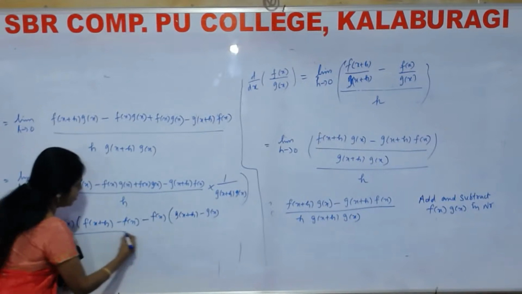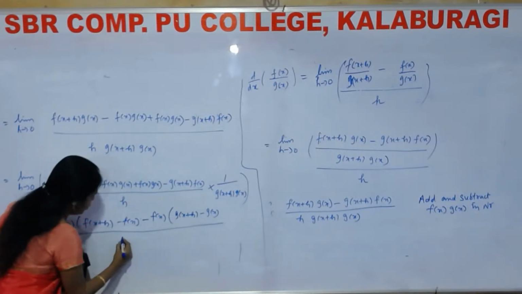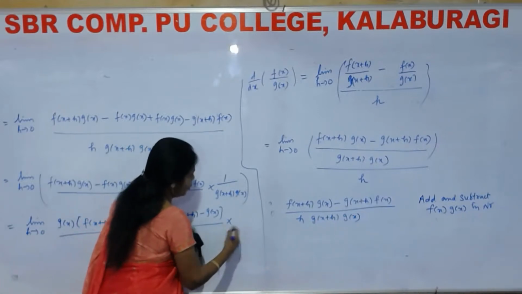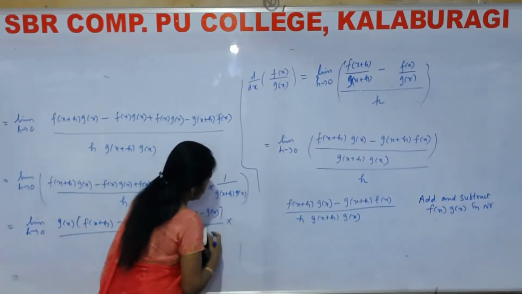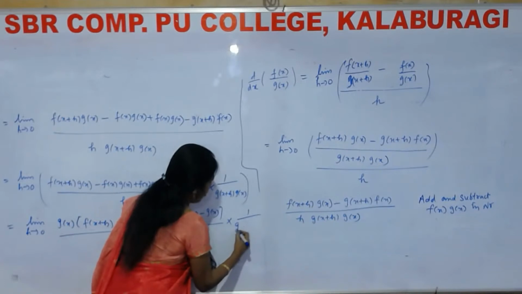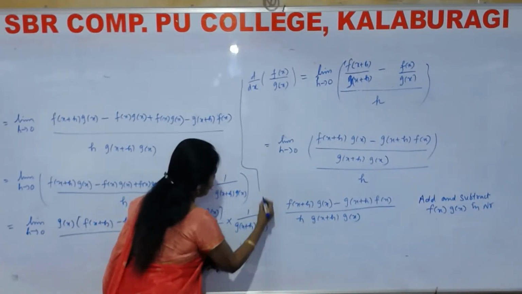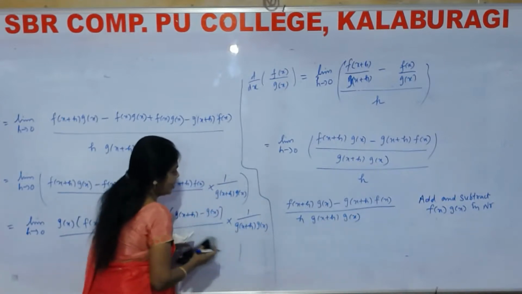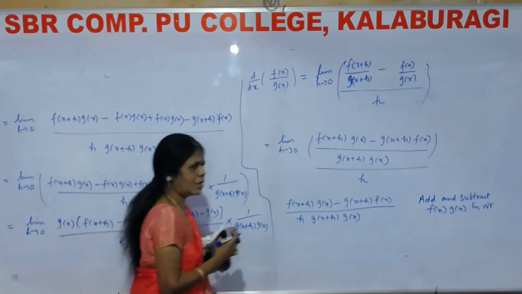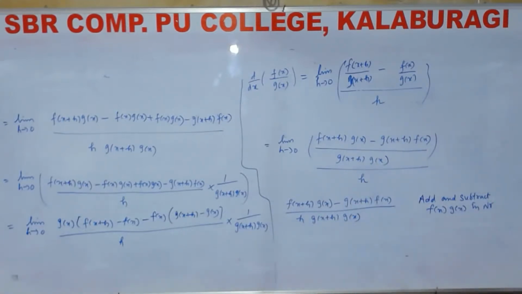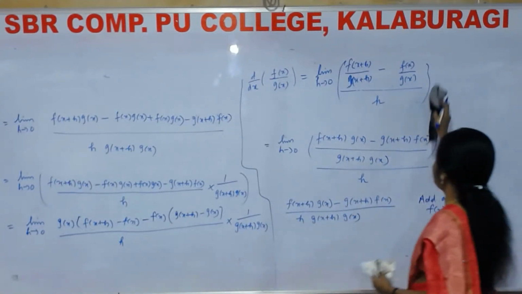Whole thing divided by h. Something is left out, you know. What is that? 1 by g of x plus h into g of x. Okay? Taking the functions as functions of x in terms of two variables. That is only good for you.